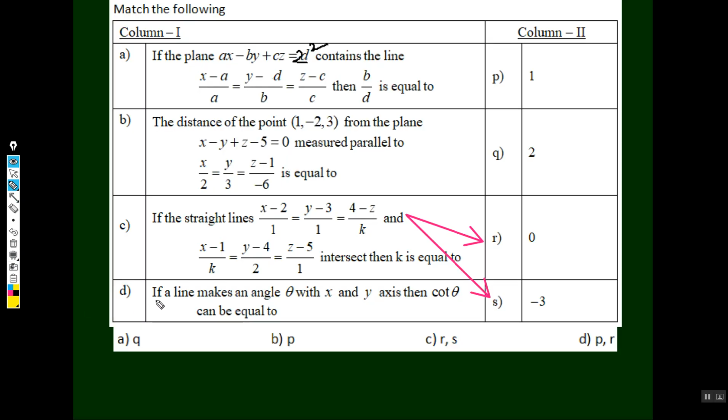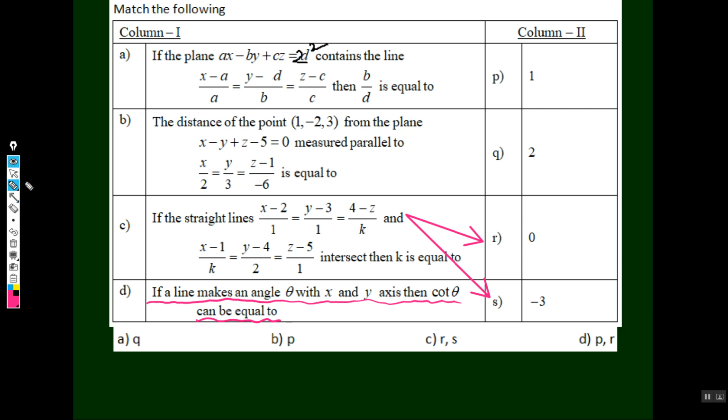It is making the same angle theta with x and y axis. Then he is asking about what cot theta can be equal to.